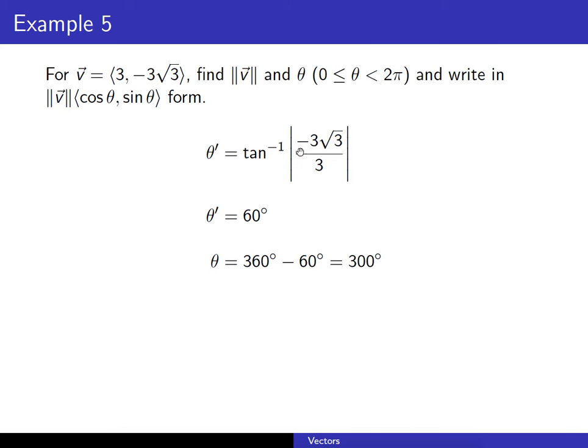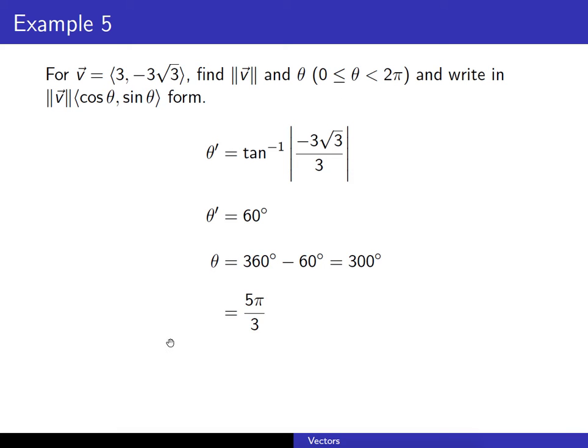Doing the inverse tangent of square root of 3, again ignoring the negative sign, we get a reference angle of 60 degrees. If we put a reference angle of 60 degrees in the fourth quadrant, that means our total amount that we rotated is 300 degrees, or 5 pi over 3, converting it to radians.